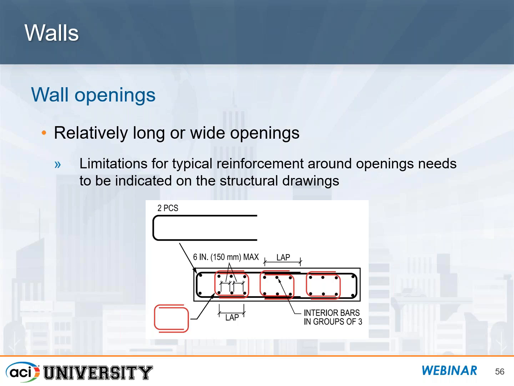So again, just something to think about when you have a situation where there are multiple large openings in the wall. And of course, if that's the case, you have to show special detailing on the structural drawings that indicates what needs to be done in those cases. A typical wall detail wouldn't cut it in this particular case.